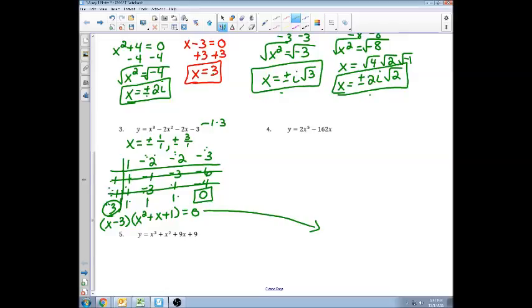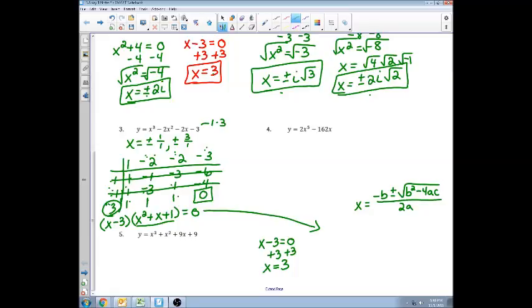All right. So I'm going to split this up into x minus 3 equals 0. Add 3, x would equal 3. Now I have to use the quadratic formula on the x squared plus x plus 1. Again, we have used the quadratic formula before, but for a quick reminder, the quadratic formula is x equals the opposite of b plus or minus the square root of b squared minus 4ac all over 2a.